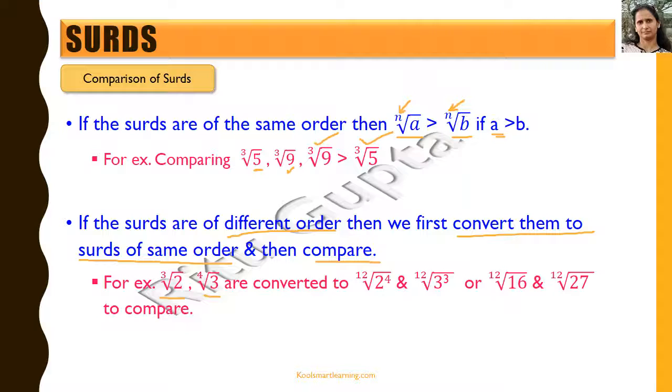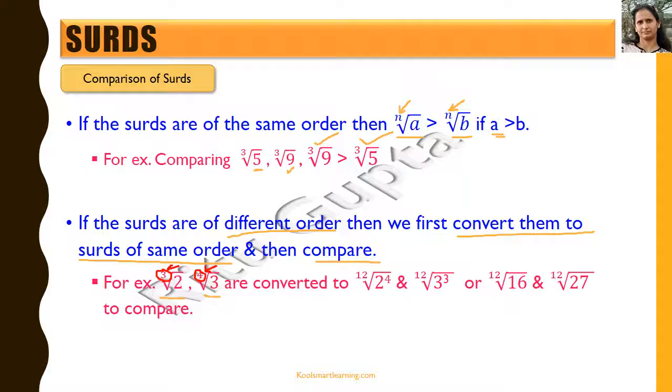Now the order of these two surds to be compared is different. It is 3 in one case, 4 in the other, so we can't directly compare them. What we do is take the LCM of the orders, 3 and 4, which comes out to be 12. So we convert these two surds to 12th order surds.